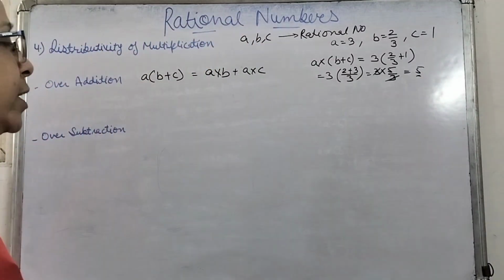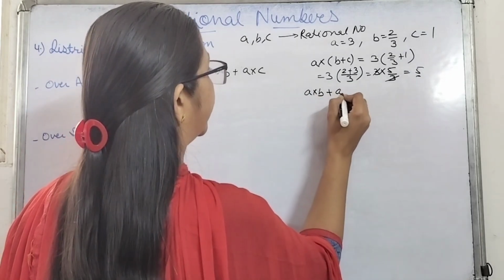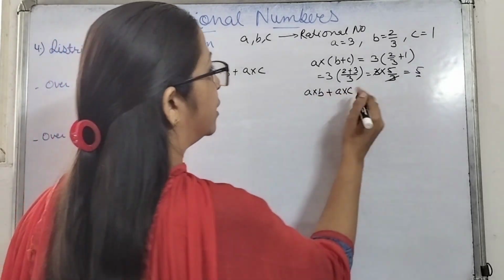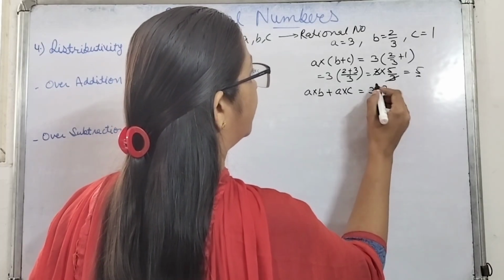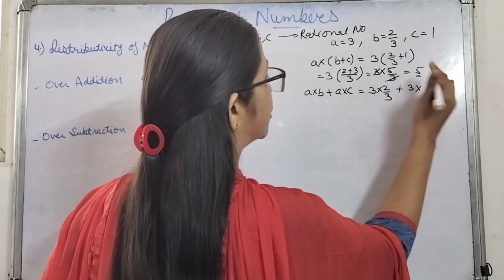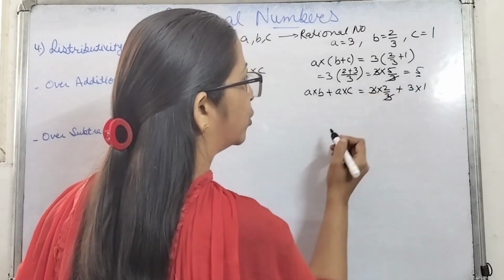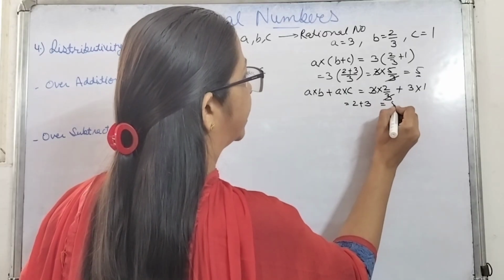Now let's check for the RHS part, that is A multiplied by B plus A multiplied by C. So A is 3 multiplied by B is 2 upon 3, plus A is 3 multiplied by C is 1. So these threes are going to cancel. It will be 2 plus 3 multiplied by 1 which is 3. That is 5.